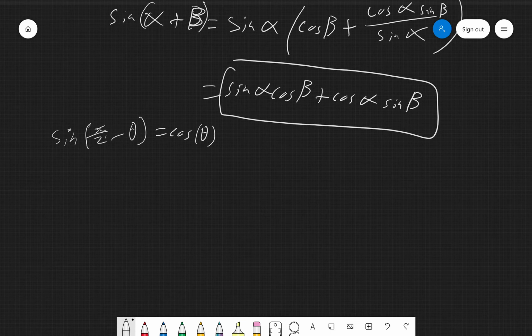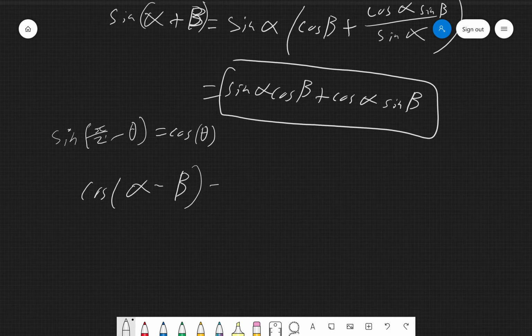So what we can do now is ask, what's the cosine of alpha plus beta? Wait, let's do cosine of alpha minus beta first.